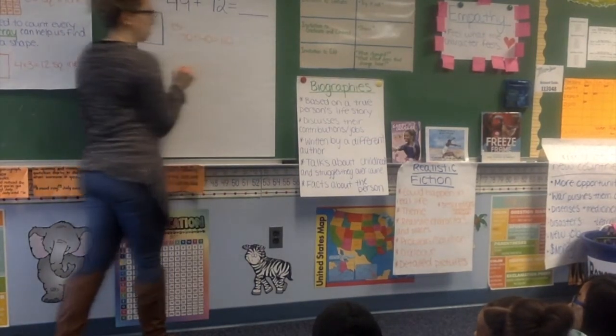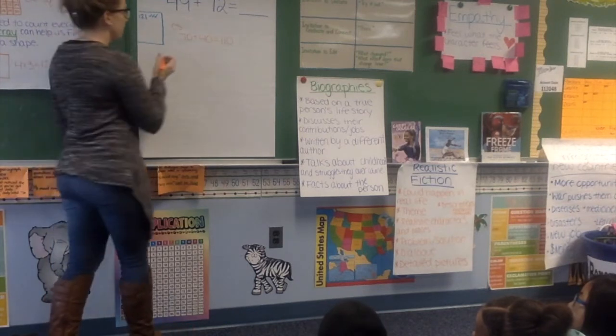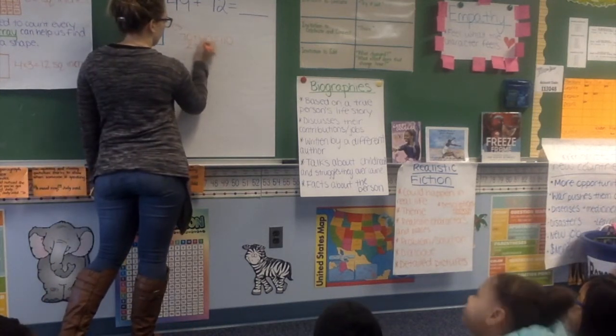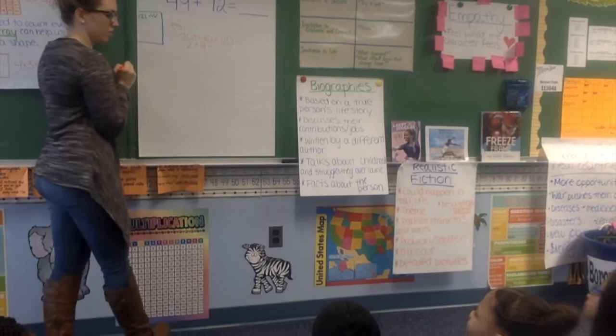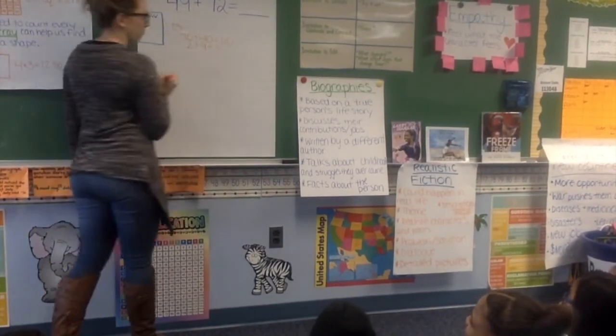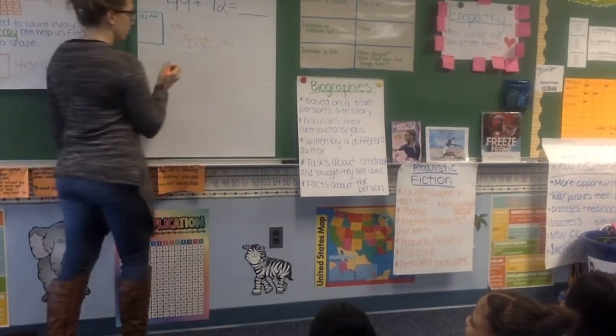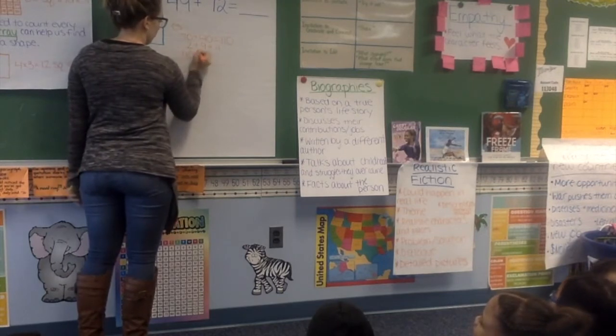And then 2 plus 9 equals 11. And 110 plus 11 equals 121.